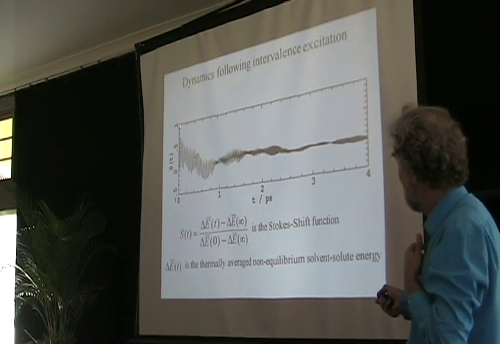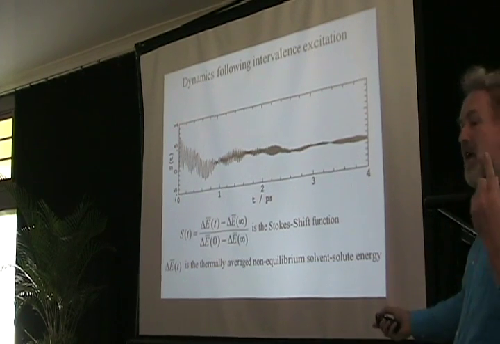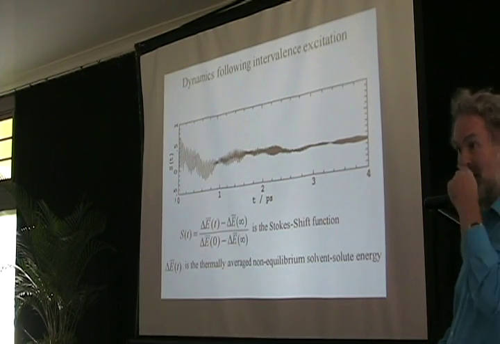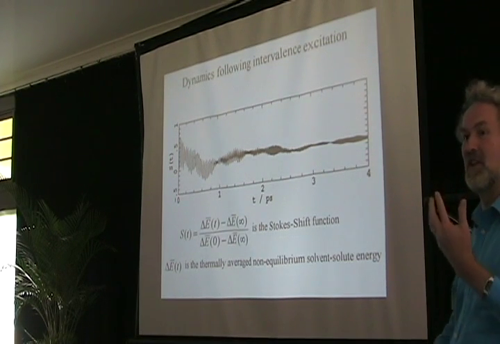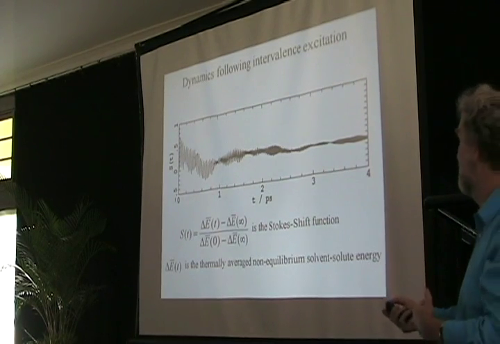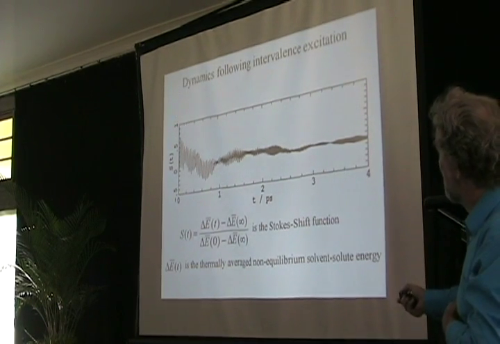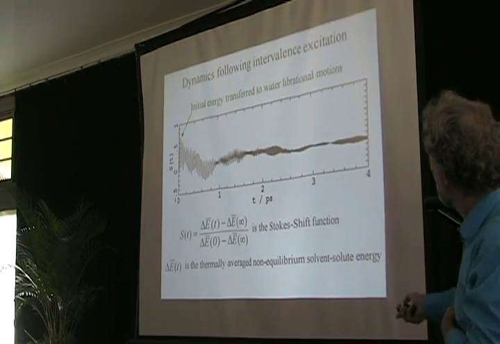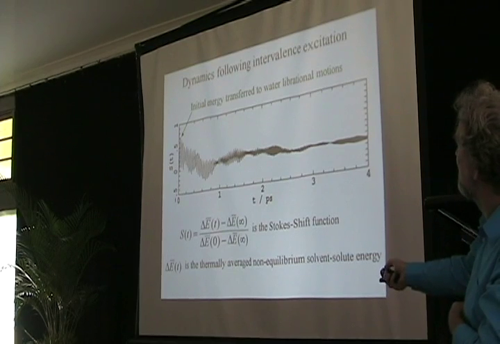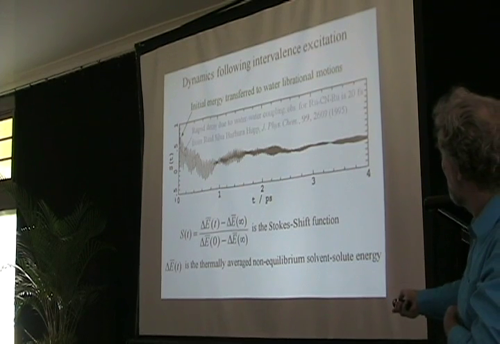It starts at 1. This is your Stokes shift function, but it's now the solvent-solute energy. It's not the chromophore energy anymore. The chromophore has no energy. It's the solvent-solute energy that's driving everything. And it very quickly decays here as you see the vibrational motions pick up amplitude.